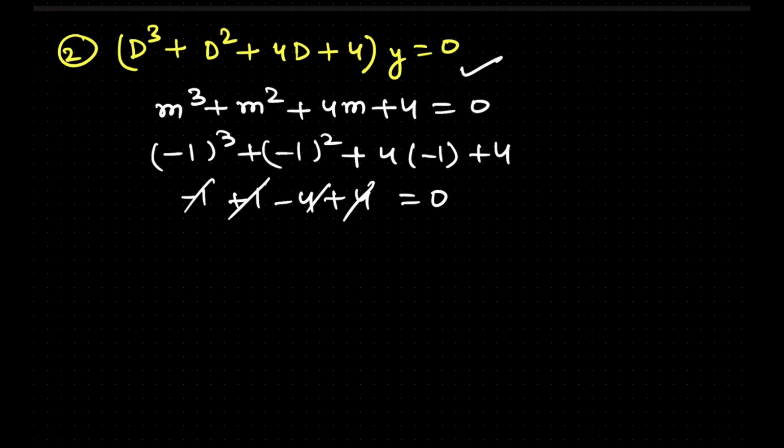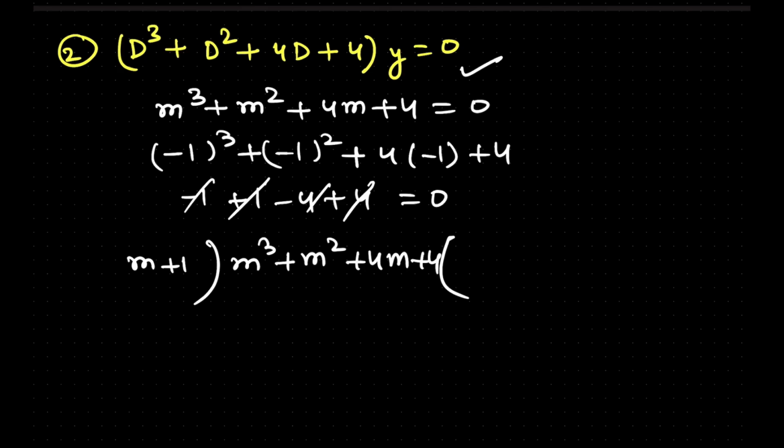This is just to make sure how we are getting the factorization. You can have your own method. This is a very simple factorization. So m plus 1 will be one of the factors. Now what we will do is, we will divide m cube plus m square plus 4m plus 4 by m plus 1.